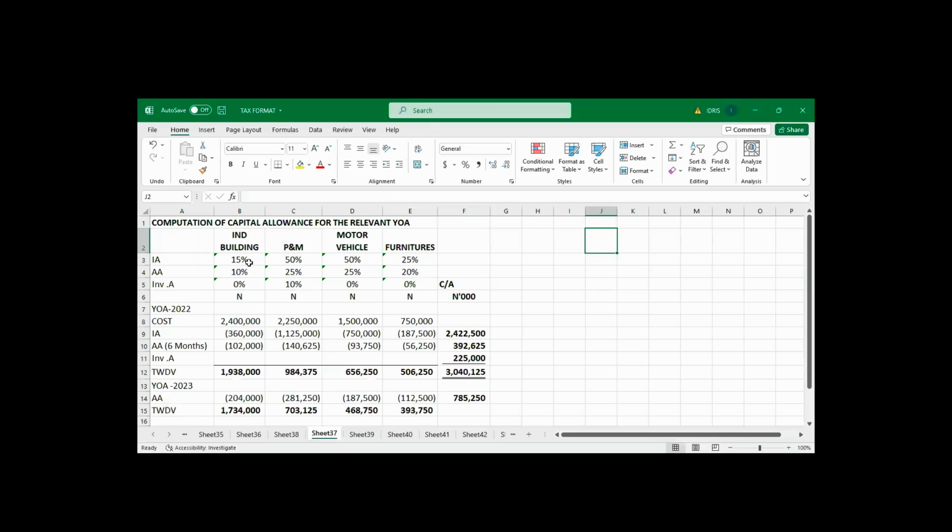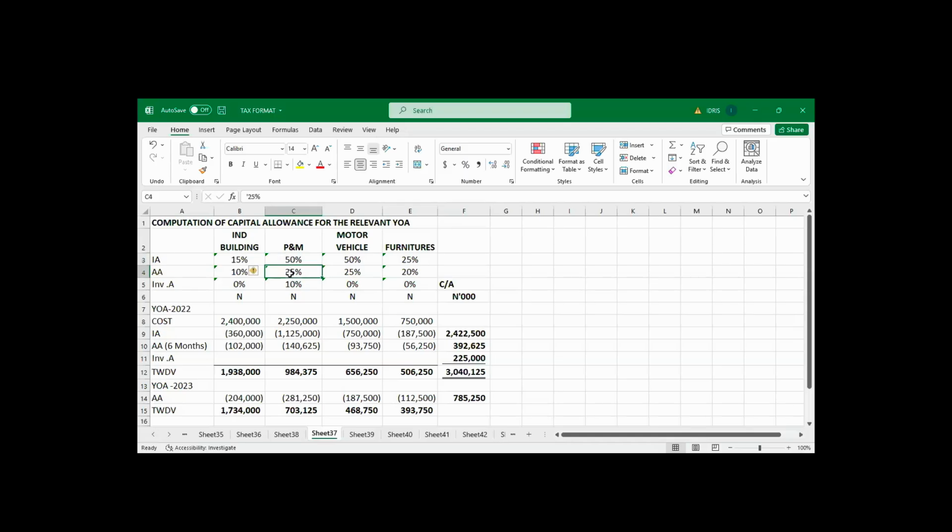So going back to my Excel, I have industrial building, plant and machinery, motor vehicle, furniture and fitting. What is the initial allowance rate for industrial building? 15%. The annual allowance rate? 10%. For plant and machinery, the initial allowance rate is 50%.